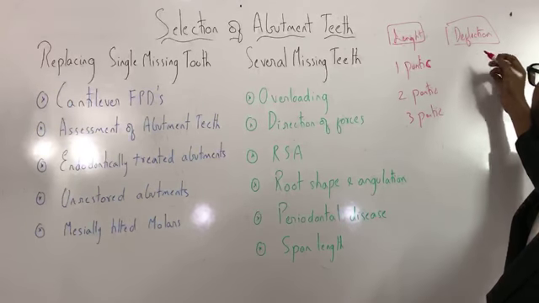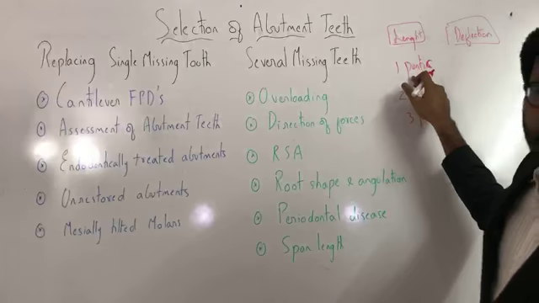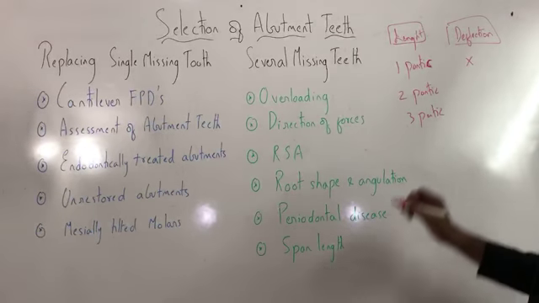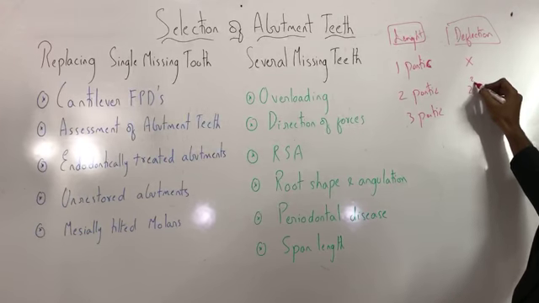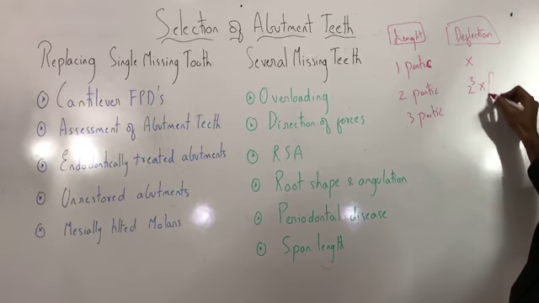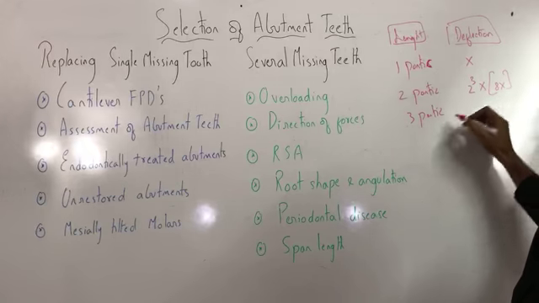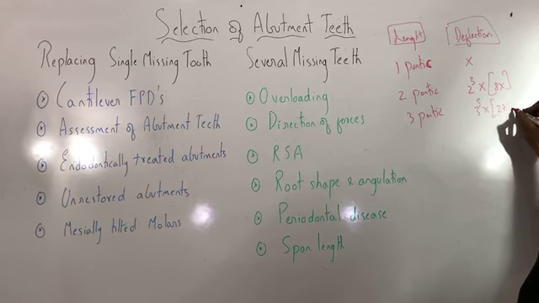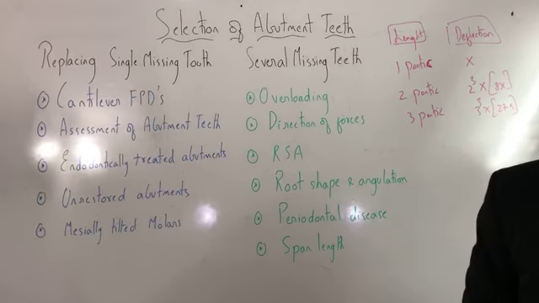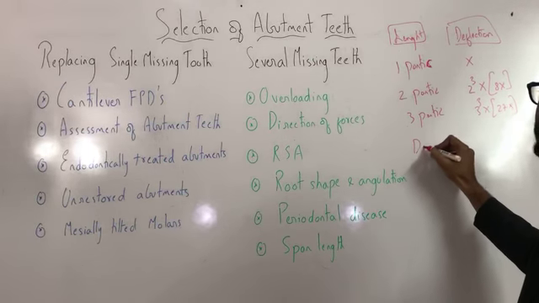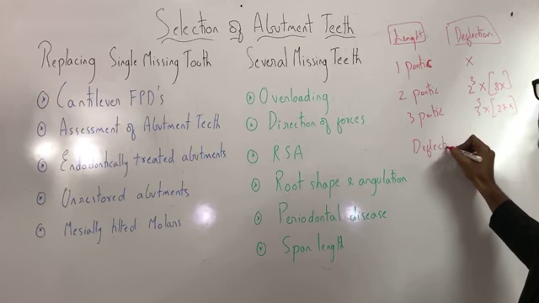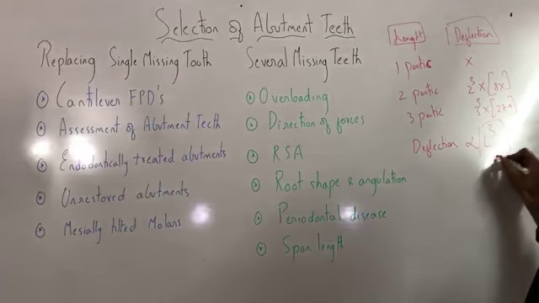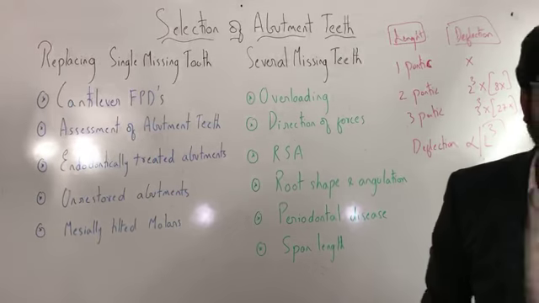So as you can see here, in case one pontic is missing, assume that the amount of deflection is x. Two pontics, it will be 2 cube x, which is equal to 8x. If it is 3 pontic, 3 cube x, which is exactly 27x, which means deflection is proportional to the cube of length or the span of the bridge, right?